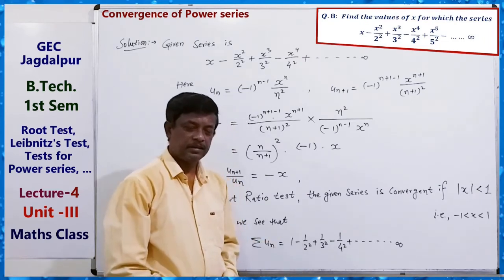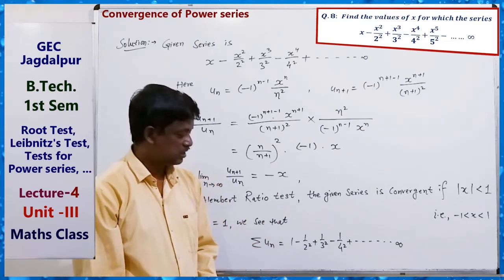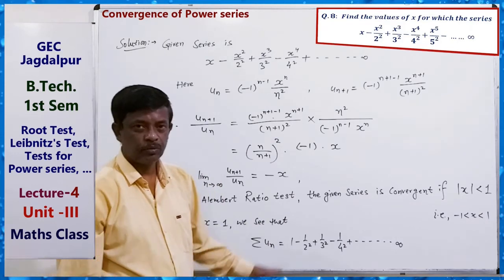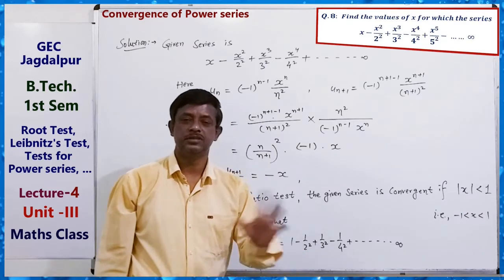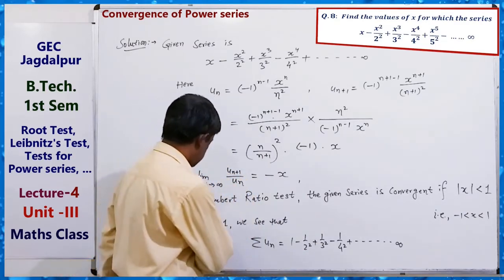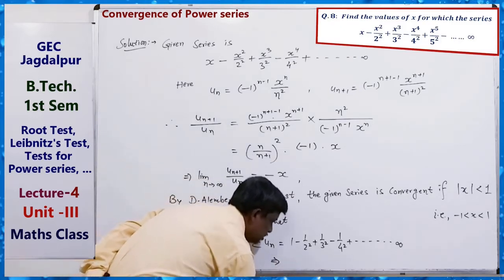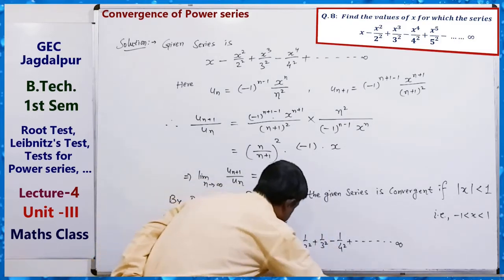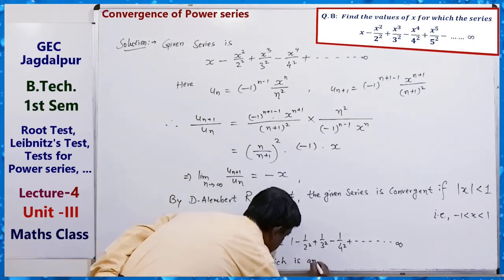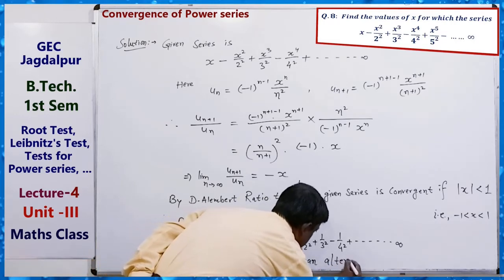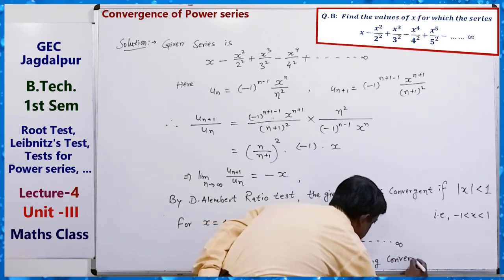Each term is numerically less than the previous term, and also 1 upon n square tends to 0. So by Leibniz test, for x equal to 1, this is an alternating convergent series.